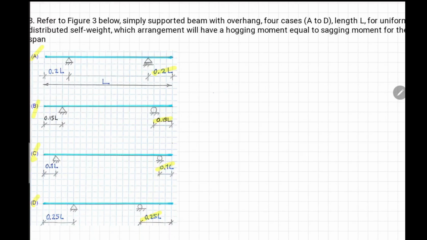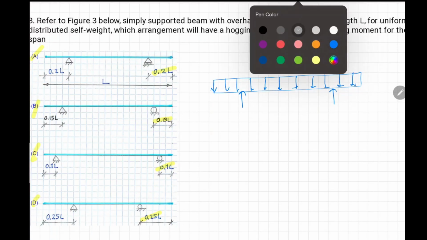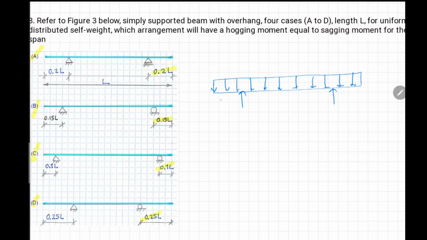So they have asked which arrangement under uniformly distributed load will generate this. Here I am drawing on the tension side.